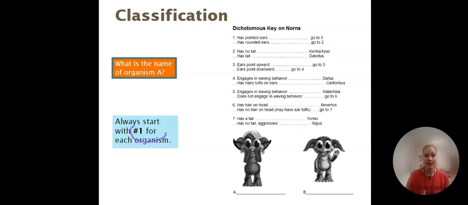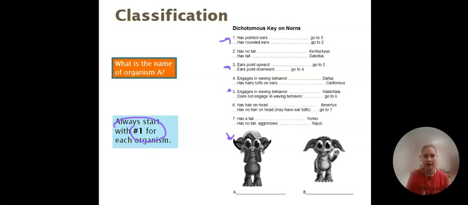So I always have to start with number 1 for each organism. So has pointed ears or has rounded ears? Well, I definitely think those are some pointy ears right there. So I am going to go to 3, okay? So 3, ears are pointed upwards or ears are pointed downwards. Those are definitely pointed upwards.